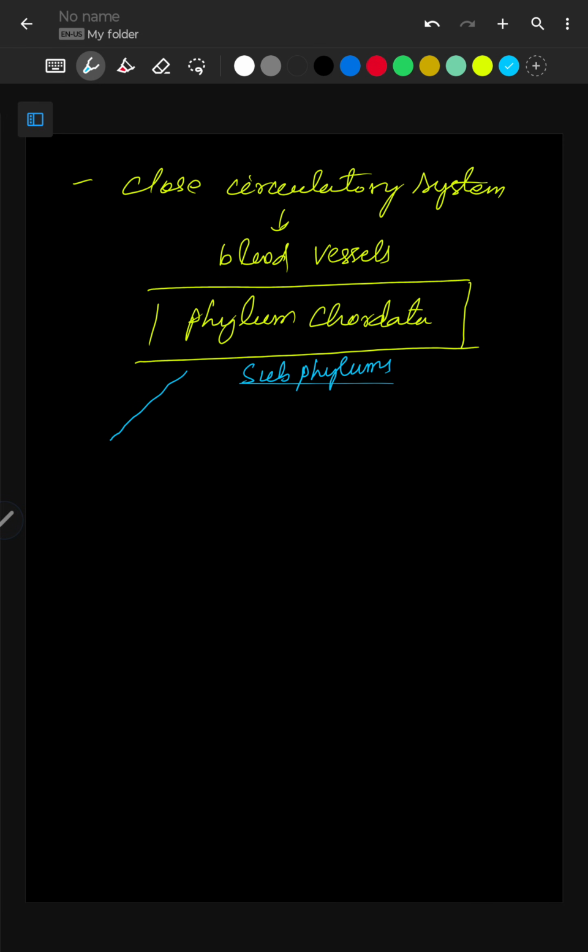What are these subphylums? These subphylums are Urochordata or Tunicata.